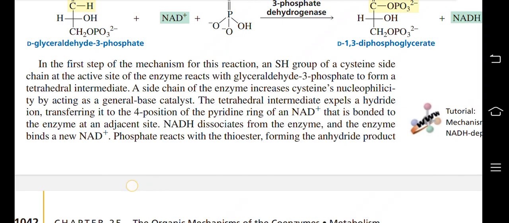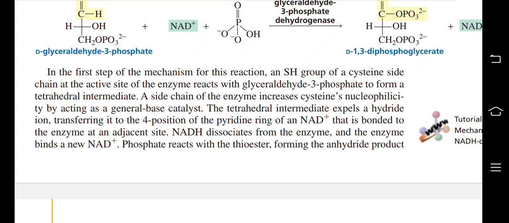The tetrahedral intermediate expels a hydride ion, transferring it to the 4 position of the pyridine ring of an NAD positive that is bonded to the enzyme at an adjacent site. NADH dissociates from the enzyme and the enzyme binds a new NAD positive.